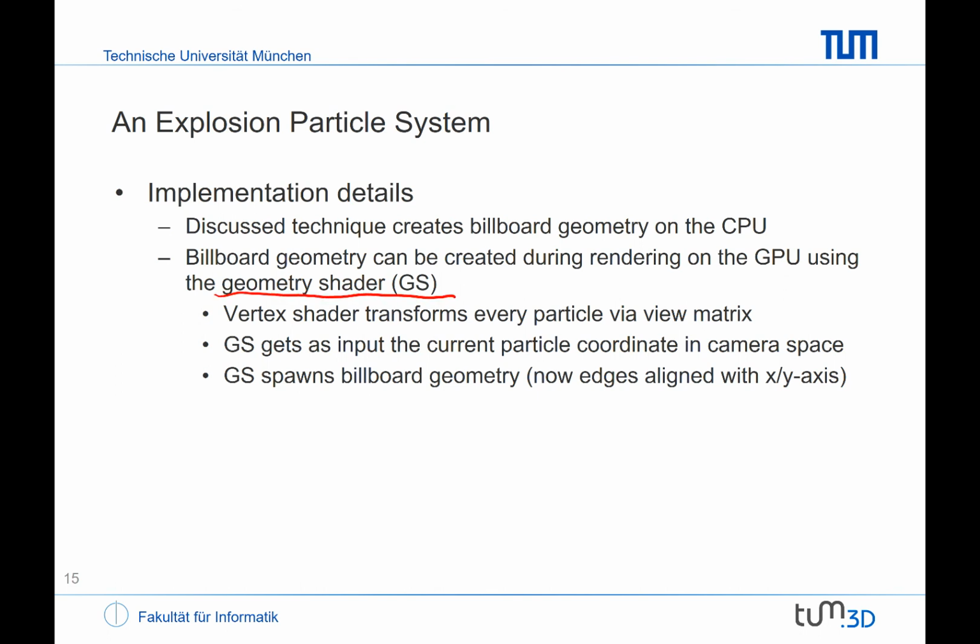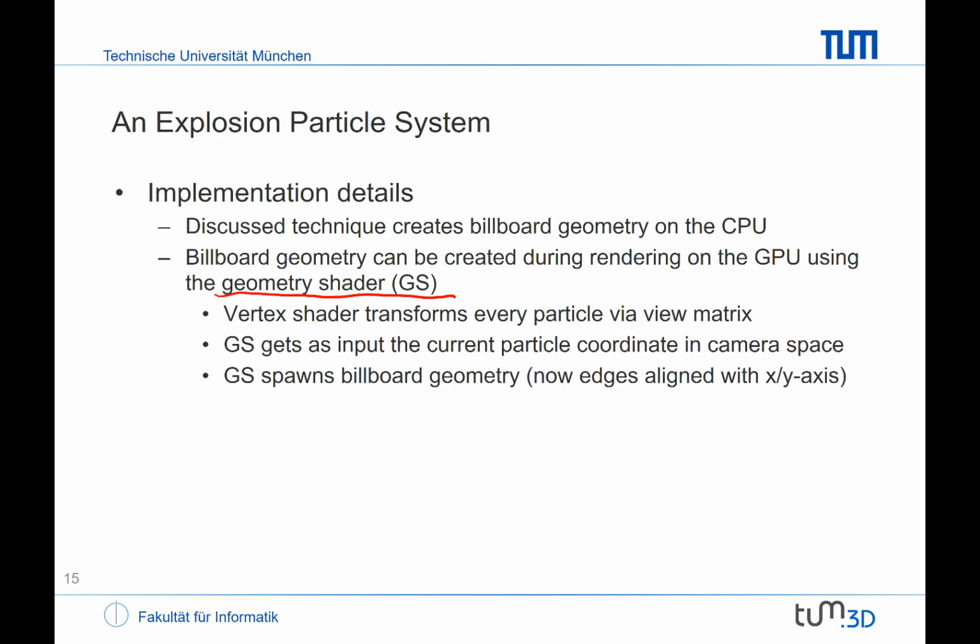When we introduced the rasterization-based rendering pipeline, we said that there is a shader stage, the geometry shader stage, which allows you to create additional geometry or additional vertices. And this is exactly what we want here, because for every particle, which is represented initially by a single point in world space, we now want to create two triangles aligned parallel to the current image plane. And that is something we can easily do in the geometry shader.